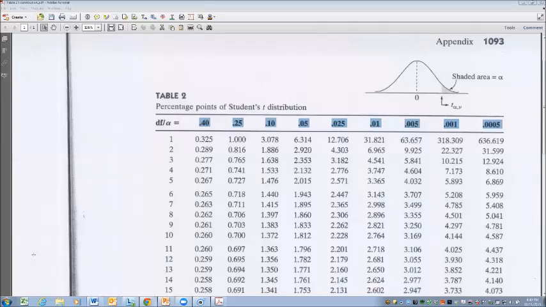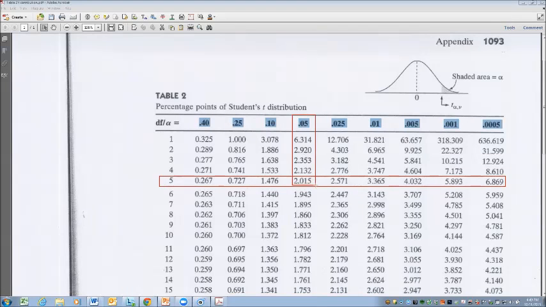Well, I have 5 degrees of freedom, means I'm going to be in the 5 row, and I want 5% to be in this upper tail, so I'm going to look at the 0.05 column, and I see a t-score of 2.015. So a t-score of 2.015 corresponds to 5% of the area being in the right-hand tail when I had 5 degrees of freedom.